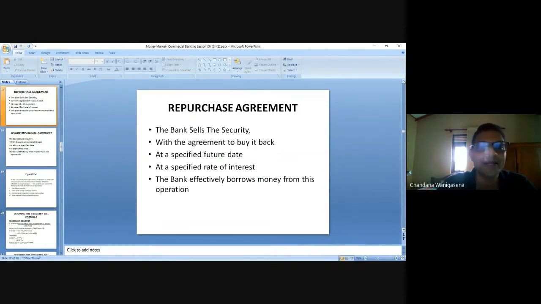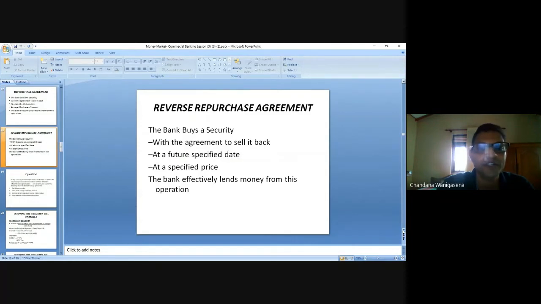When the central bank sells a security, it is the opposite of that. The bank effectively borrows. This is the standing lending rate. Similarly, with a reverse repurchase agreement, the banks buy, so effectively the bank lends. When it comes to central banks, it is the other way around. When the central bank buys a security, it is the standing deposit rate.